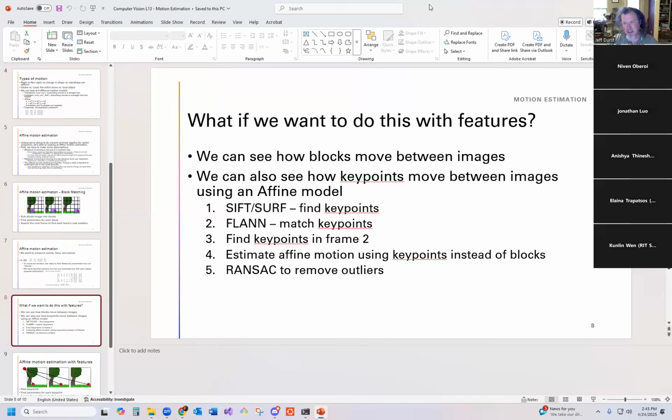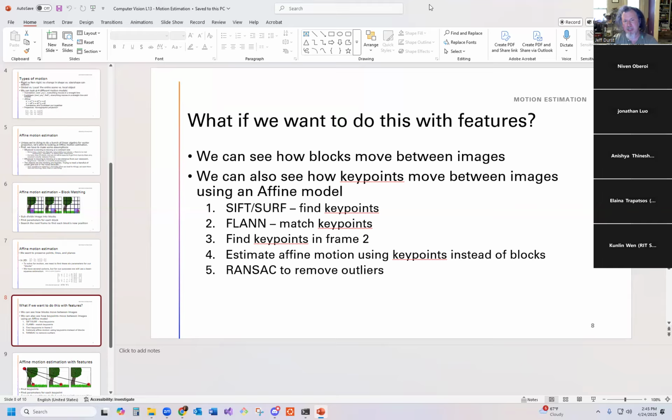So instead of seeing how a block moves, we want to see how a key point moves, or a feature vector moves, right? So what we can do is we can just use our model, SIFT or SURF, or ORB typically, since we can't use SURF.